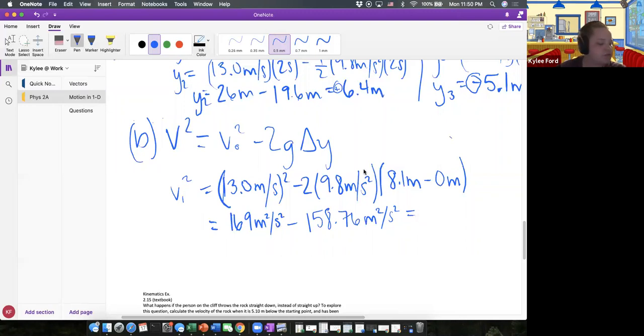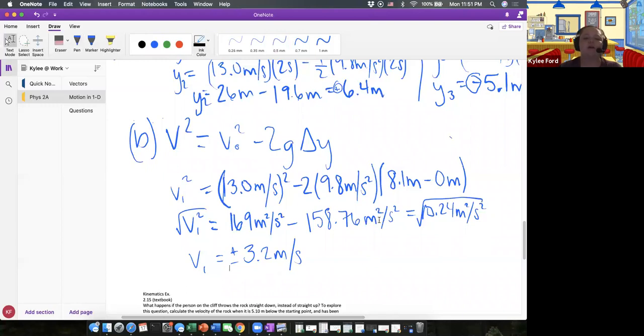Subtract those two numbers, you get 10.24. Remember this is v1 squared, so we want to square root both sides. So v1 equals the square root of 10.24, which is about 3.2 meters per second.